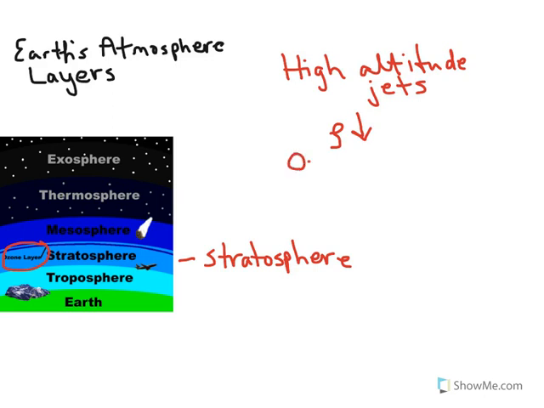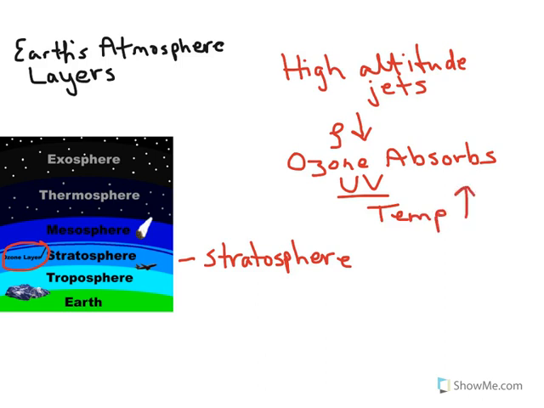And ozone absorbs ultraviolet light. So even though our density is decreasing, we are absorbing light. And because of that, the temperature is going to increase as you go higher up in the stratosphere.